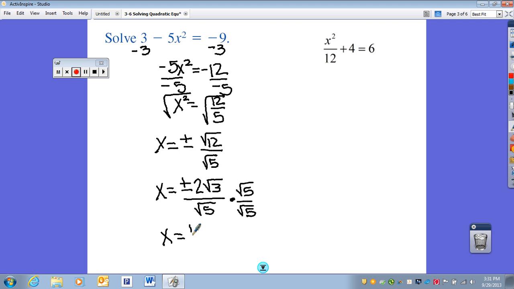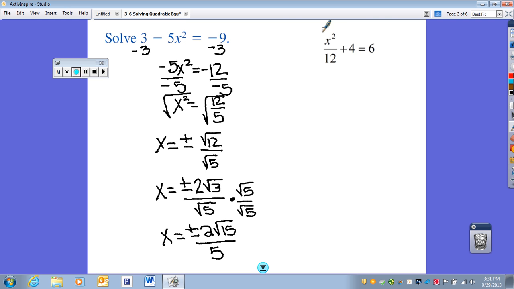So x equals plus or minus 2 square roots of 15 over the square root of 25, which is 5. And please remember that the square root of 15 and 5 are not the same. This is a radical and this is not, so we can't simplify those any further.